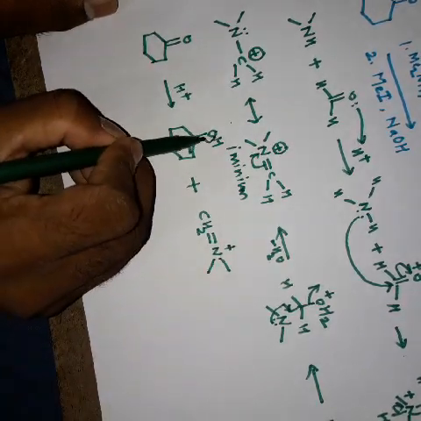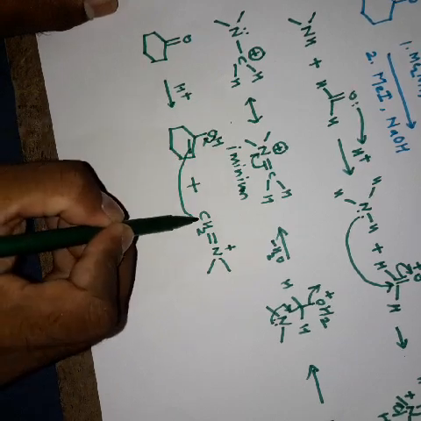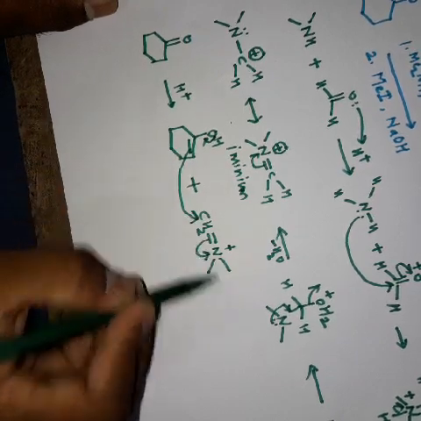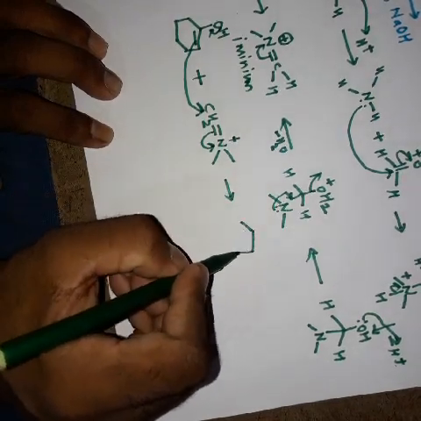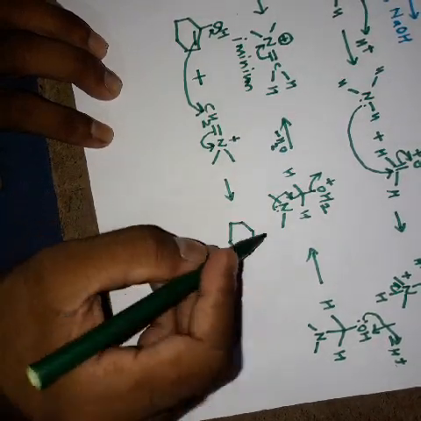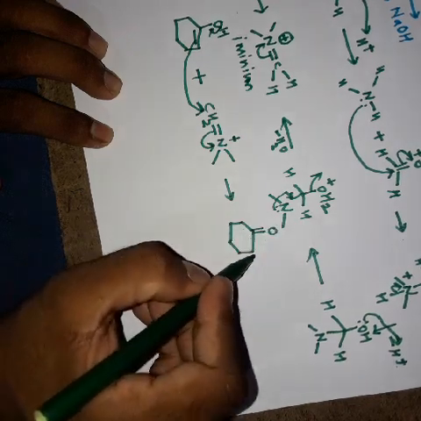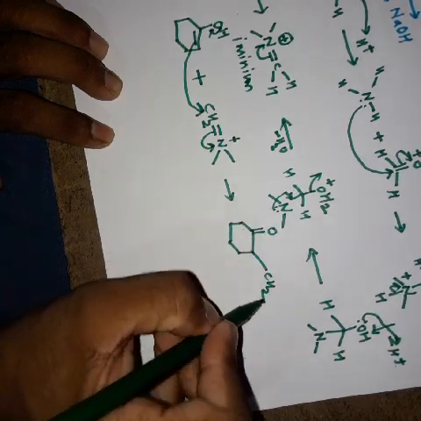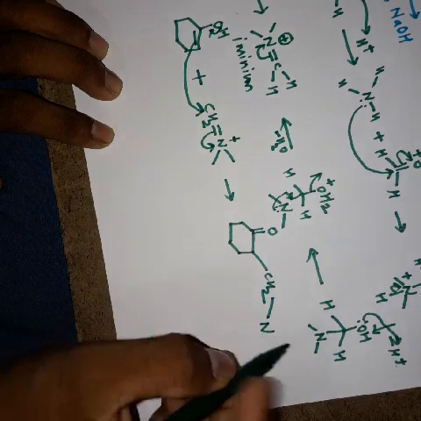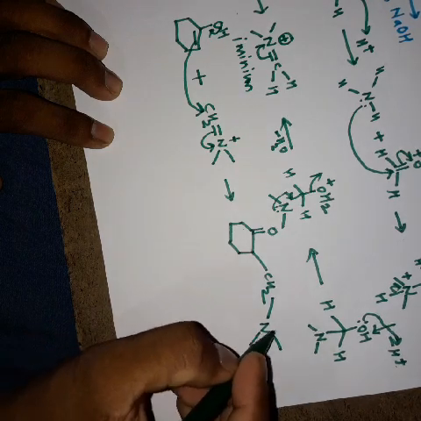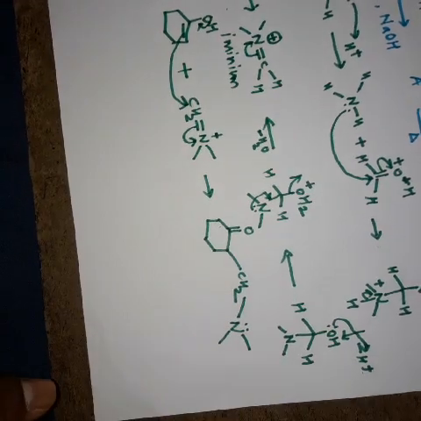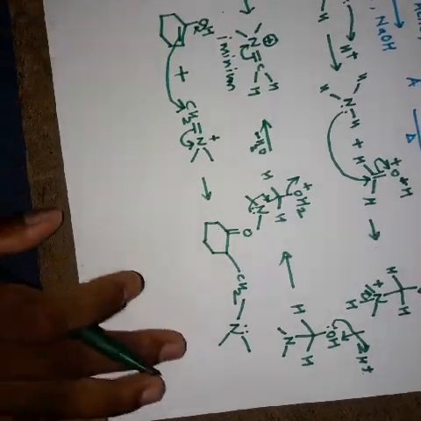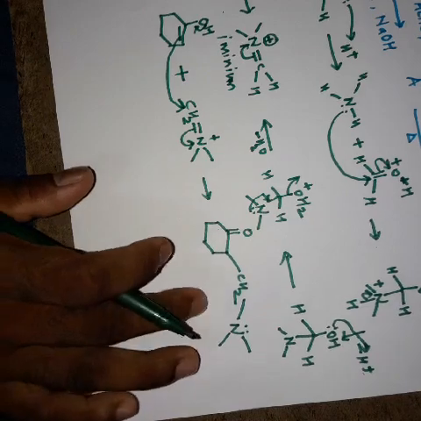So this will come inside, this will attack at this carbon and the positive charge will get neutralized. Up to this is a Mannich reaction. So we have got this.